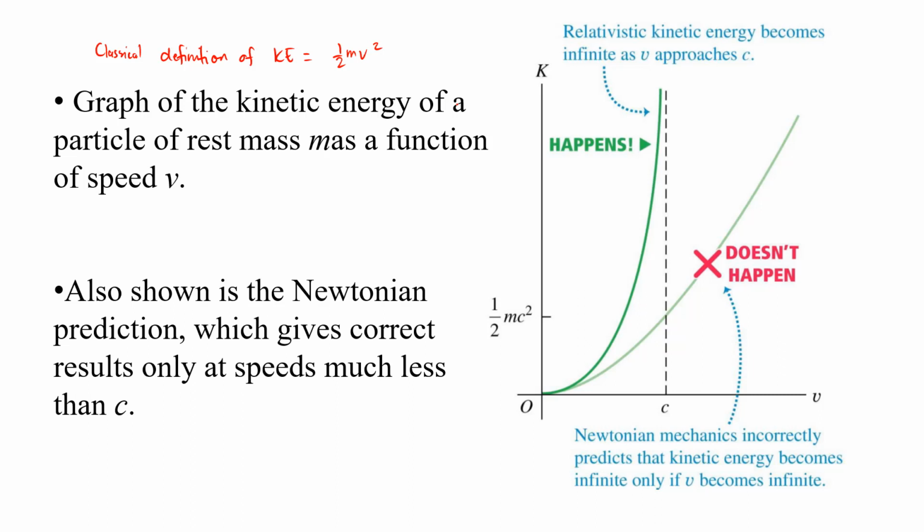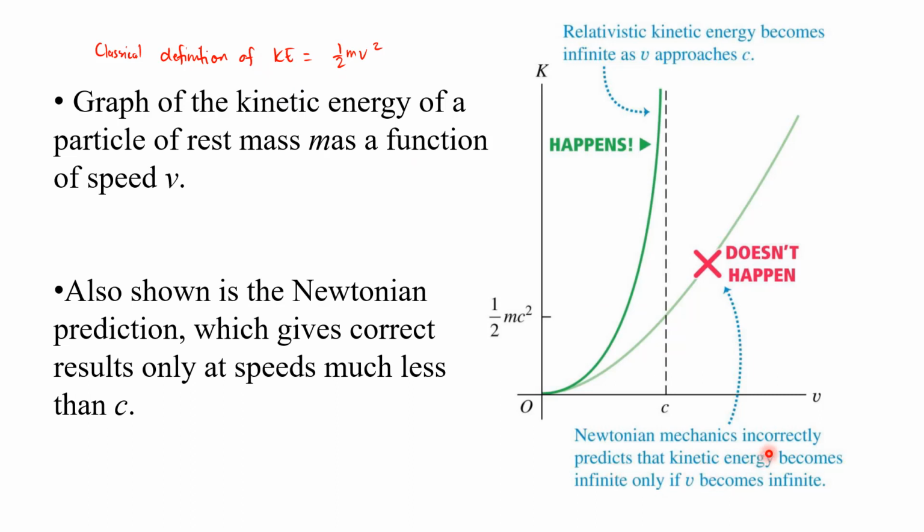When we graph this equation, we will have this one, but we cannot have v much greater than c. So this classical definition of kinetic energy needs to be corrected.